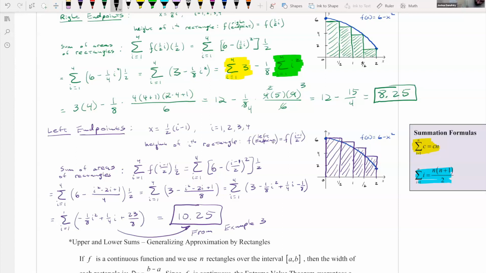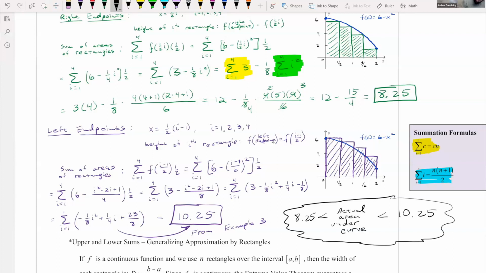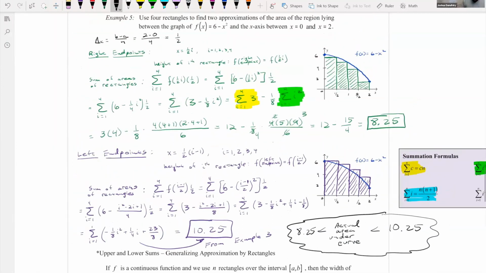What we have is the actual area under the curve between 0 and 2 and above the x-axis is going to be greater than 8.25 because the green has all those gaps underneath the curve, but less than 10.25 because the purple has all those bits of rectangles that are going above the curve. And so we know our actual area is between those two.